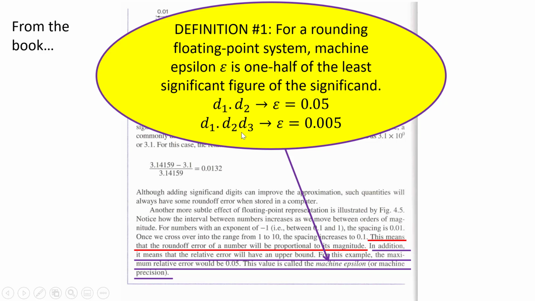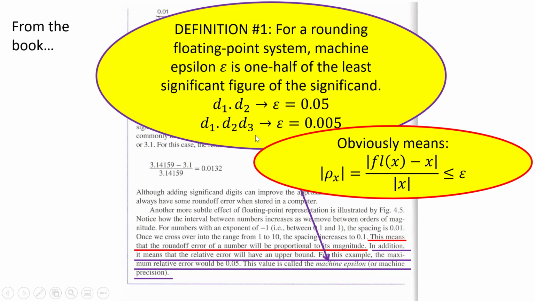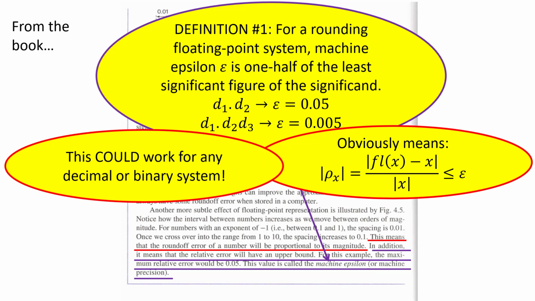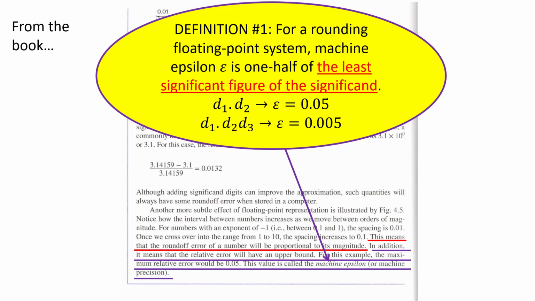If I happen to add a third digit to the significand, then that would make my epsilon 0.005, or half of that last one. So this means that the rho is going to be less than that epsilon because of the rounding. You're always going to be less than that. This could work for a decimal or binary system, quite frankly.